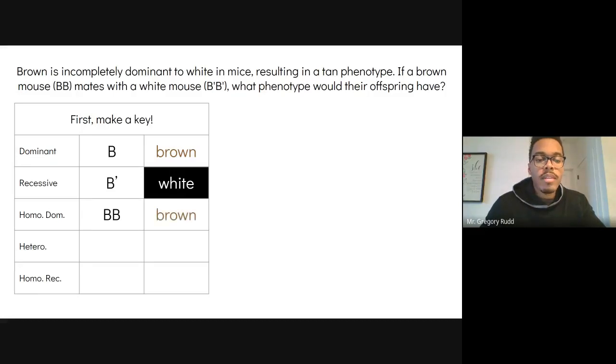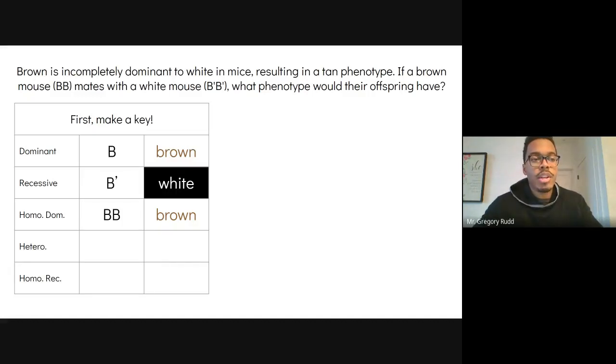Okay, now we're going to jump down to, we're skipping heterozygous for now. We're going to jump down to homozygous recessive. What does that look like? Homozygous recessive.